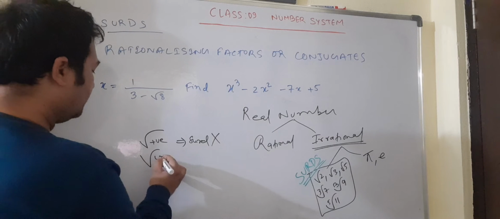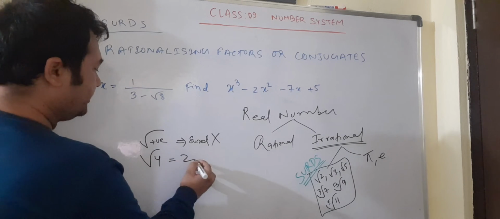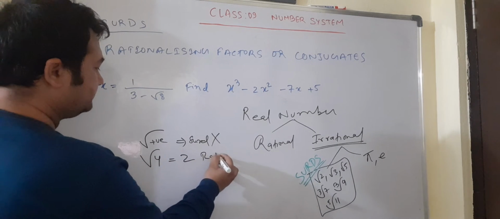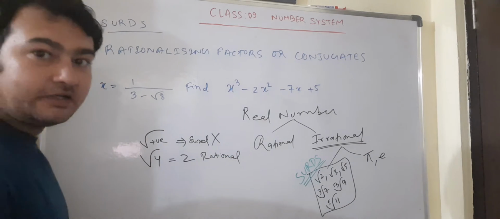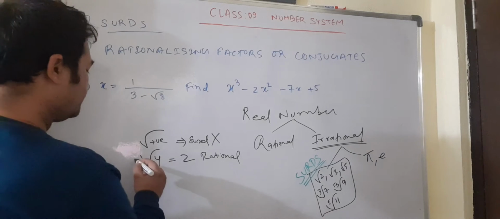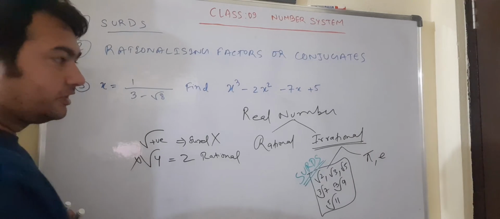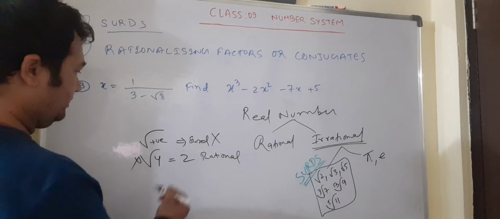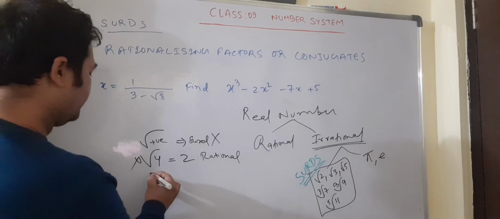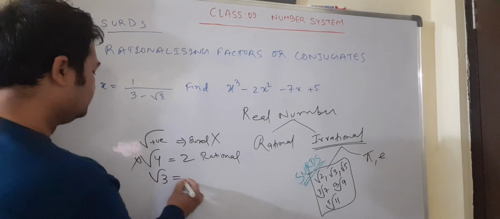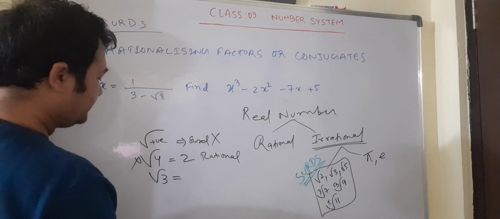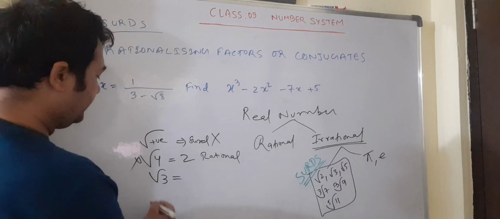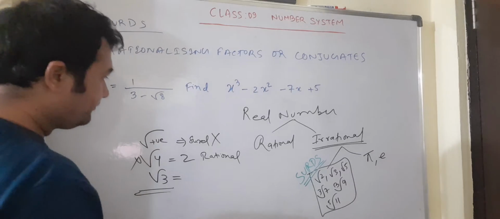If you have the square root of 4, its value will be 2, which is a rational number, and surds come under irrational numbers. So the square root of 4 is not a surd. If it is root 3, yes, it is obviously a surd, because we have a positive rational number inside a root, and this number is not a rational number.